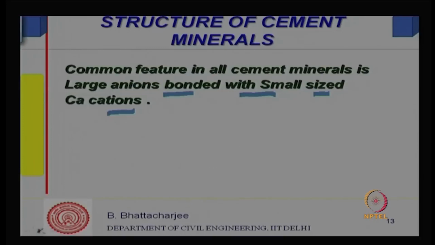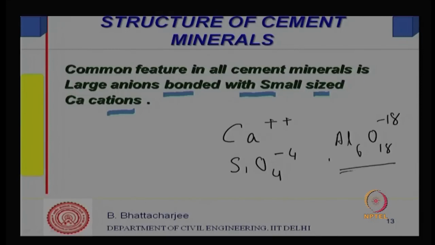Your cations are calcium, anions are SiO4 minus 4, Al6O18 minus 18, etc. So, you can see the sizes of these anions are very large, cations are small calcium cations. This is one common feature, and this has a role in its chemical reaction with water.